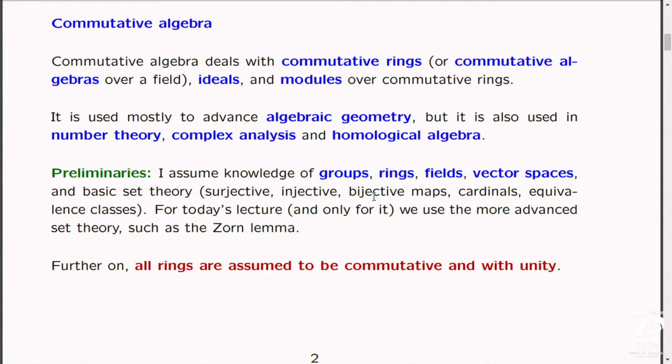It's really important. And to some other subjects, such as complex analysis, homological algebra, and some other things. For instance, if you look at the proof of Fermat's last theorem by Wiles, half of it is commutative algebra. It's deformation theory for commutative rings.